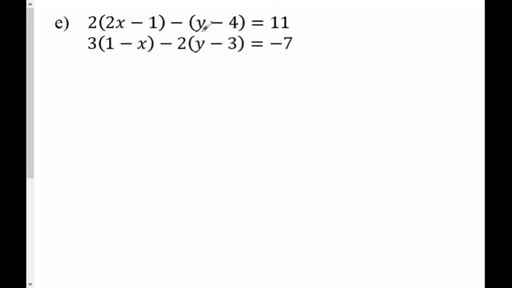So if you expand all of this, then you'll have two equations and you'll be able to see what you need to do to those equations to do elimination. So pause your video now, try the question, and then once you are done, hit play and watch me take up the question.